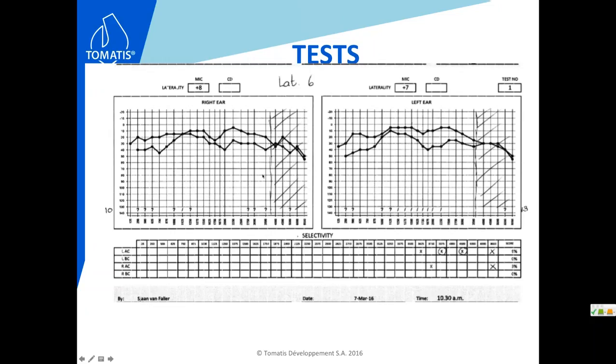Even if you don't have the documents, can you just tell us what you can see on this test? I've got the documents here. I see in the right ear a flat curve which goes steeply down at the end in the higher frequencies. The left curve is a little bit rising.